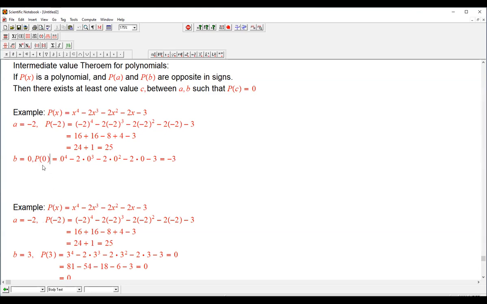So what do we mean here? Read the statement of the theorem. P of -2 equals 25, and P of 0 equals -3. 25 and -3 are opposite in sign.